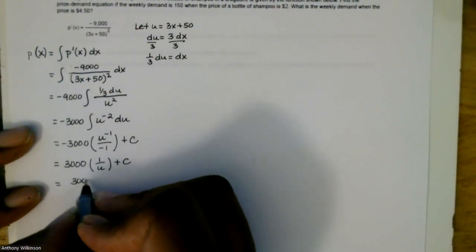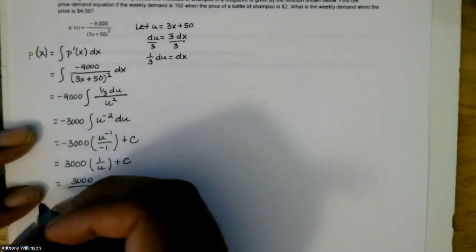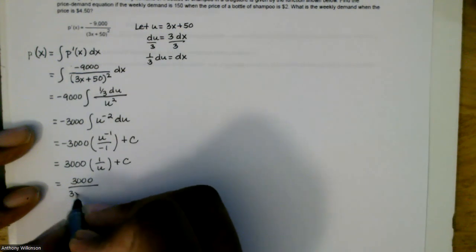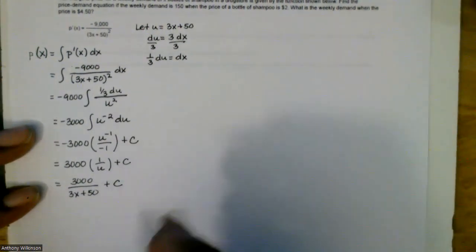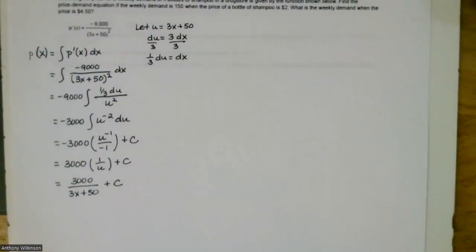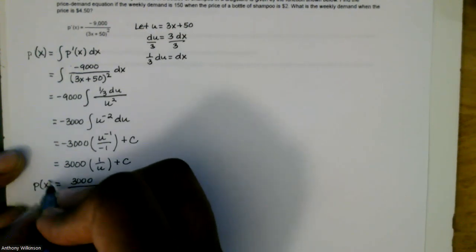So here I'm going to have 3,000 over that u. I'm going to back substitute with that 3x plus 50, and then plus c. So the price demand equation, in general, will be p of x is equal to 3,000 divided by 3x plus 50 plus c. Now I'm going to bring down p of x.